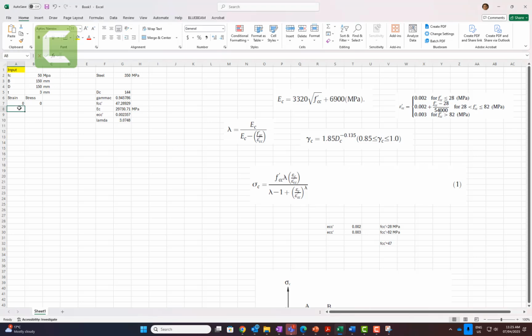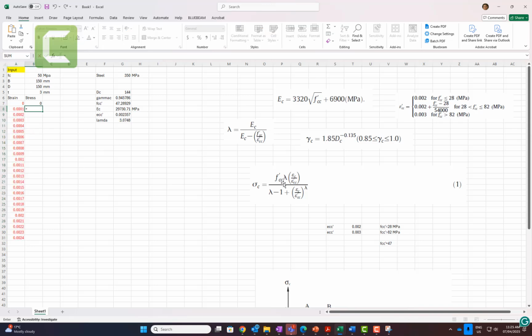Let's put in 0.00001, and we need to go to 0.02324. Let's say this value is the same. Let me make these ones a different color, so let's say red.